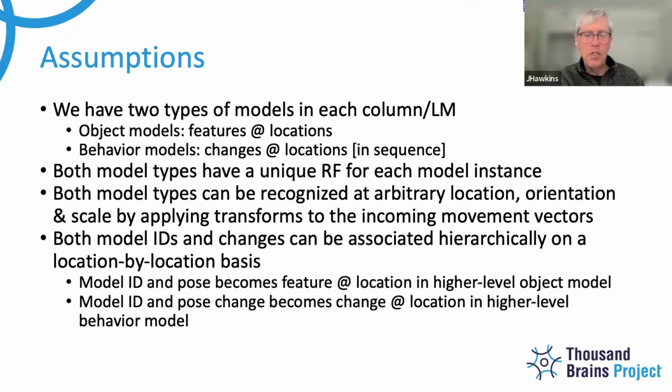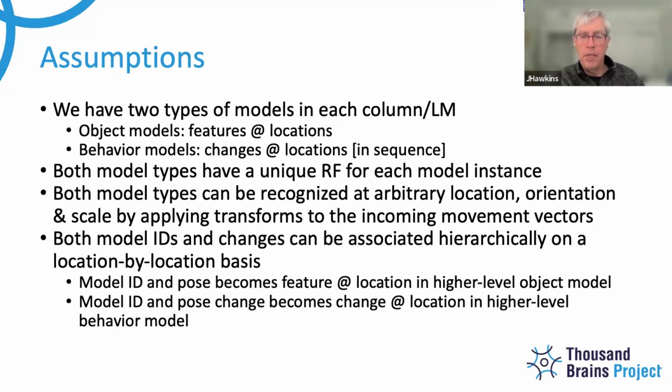All right, so this is one of the things we'll come back to perhaps. It wasn't clear to me that the behavioral model has to have a feed forward projection. And I think that's what your second bullet point here at the bottom is saying. Or maybe not. Model ID and pose change.